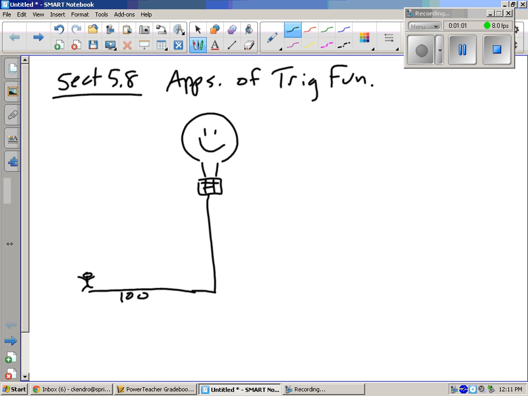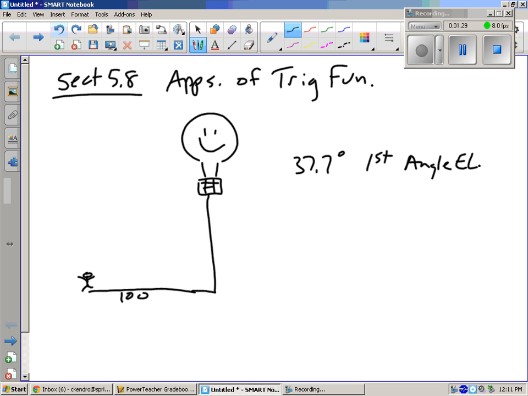All we know is that after a little bit, the angle of elevation to the flight of the hot air balloon is 37.7 degrees. That's after just a couple seconds, so that's the first angle of elevation.